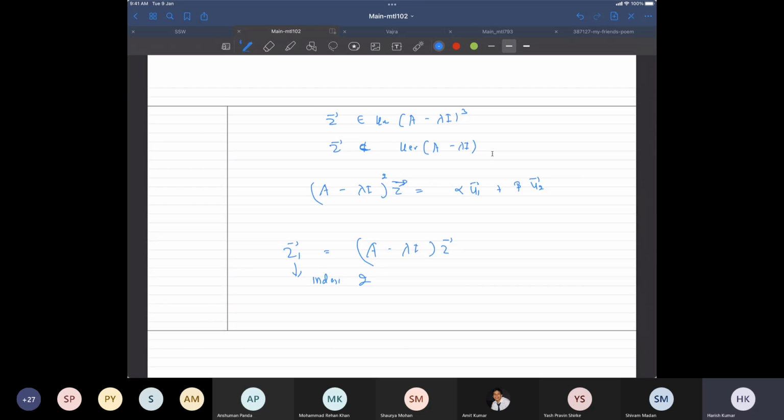I need index 2, not 3. Okay, this is index 3 because the cube is 0. So then you can get an index 2 like this. Yeah, something like that is probably needed. Okay, so let us assume that this is the case, and we are going to argue that A minus lambda Z is the desired one.